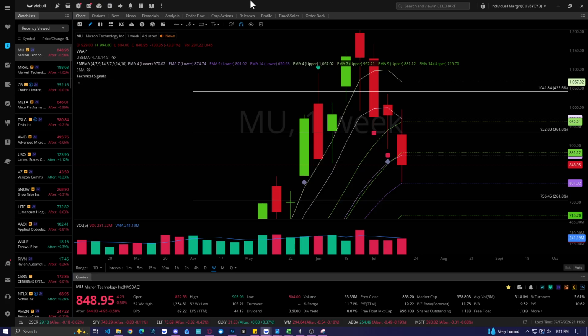What's really common is an open at the 78% fib or an open at the 100% fib. If you get an open on the quarter at the 78 or the 100% fib, then the stock's looking really good. Start looking at the fundamentals of the company and then start looking at the options. And then boom, that could be your indicator that you could just play that for a quarter out.